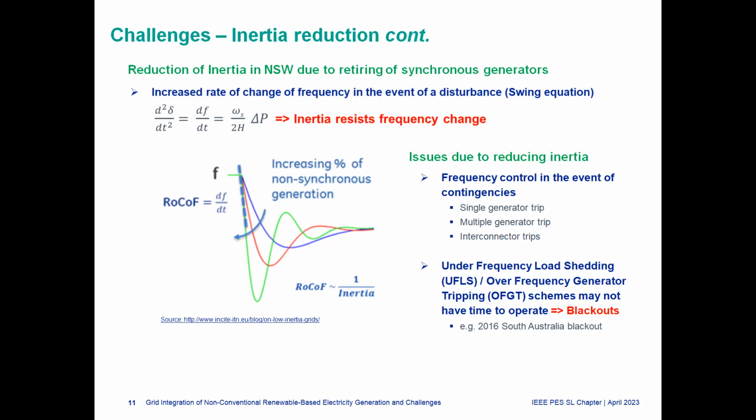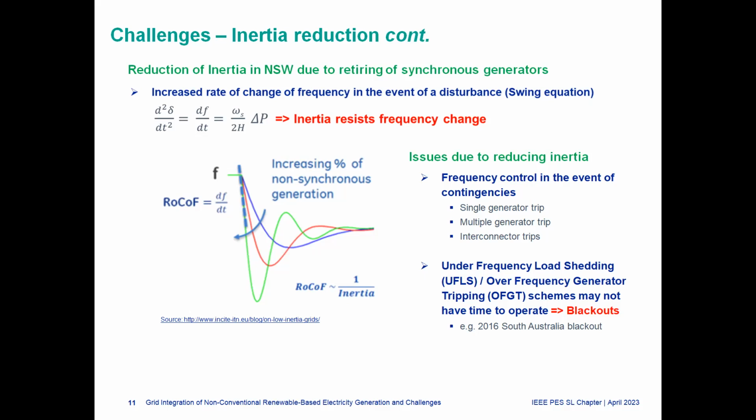That happened, for example, in 2016. There was a blackout in South Australia, one of the states in the Australian system, because there were significant storms in the area, and about 5-6 wind farms tripped at the same time. So it's several hundred megawatts of generation suddenly tripping.